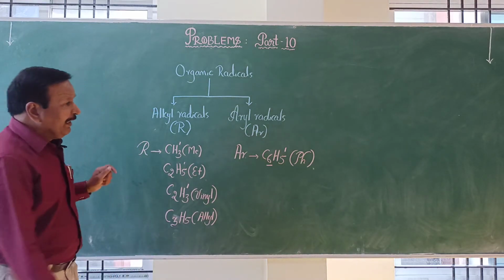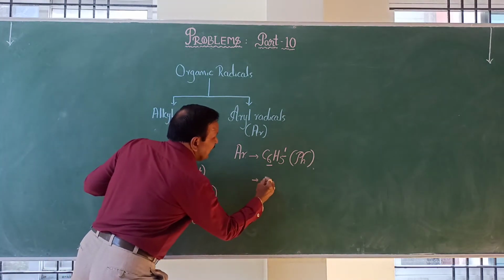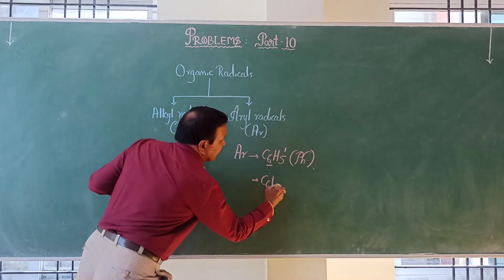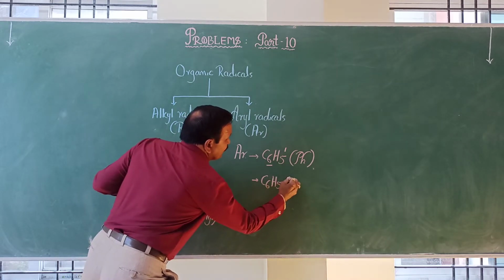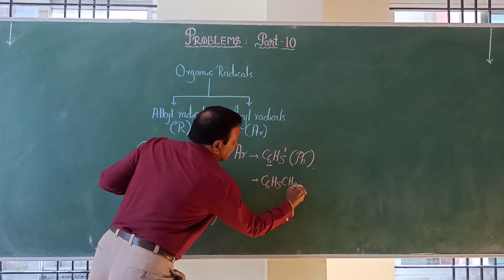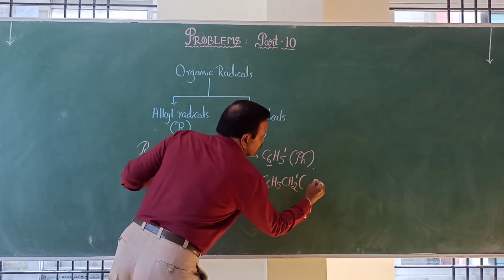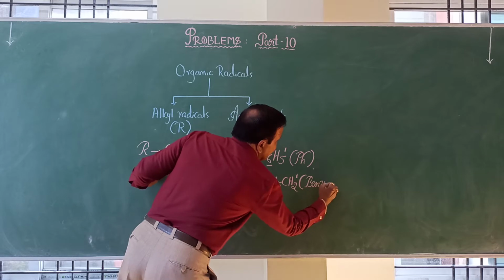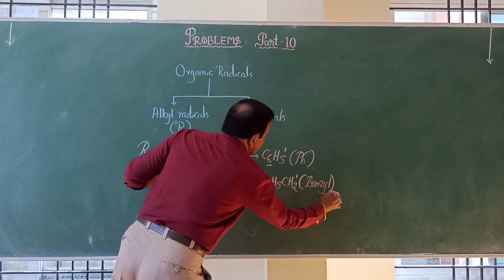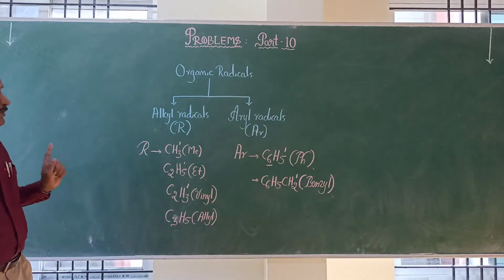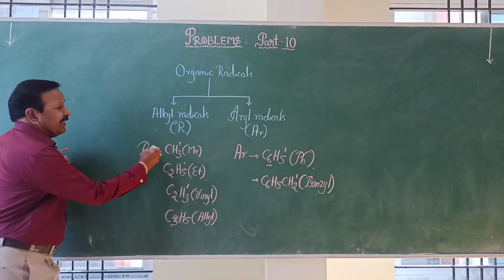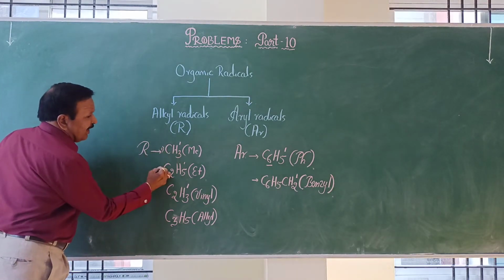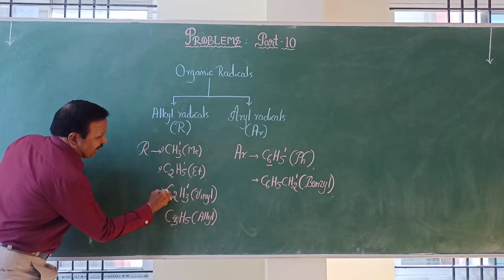So phenyl radical, and another one will be coming from benzene, that is in the form of toluene, C6H5CH2. This is called benzyl. So these six radicals you need often in the examination, and this will help you a lot.